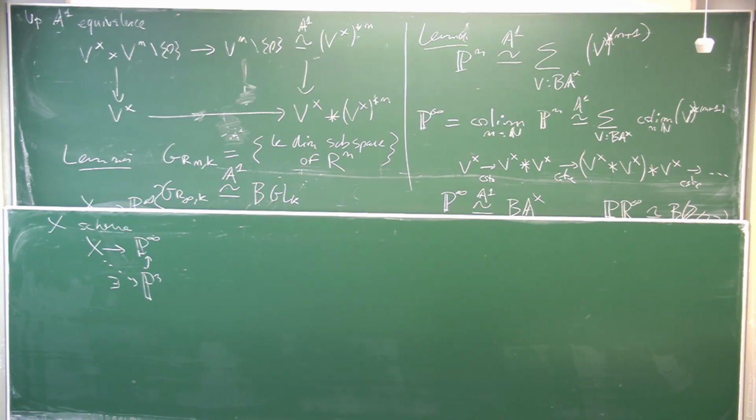This is just a quotient of bundles, a line bundle realized as a quotient of the trivial bundle.